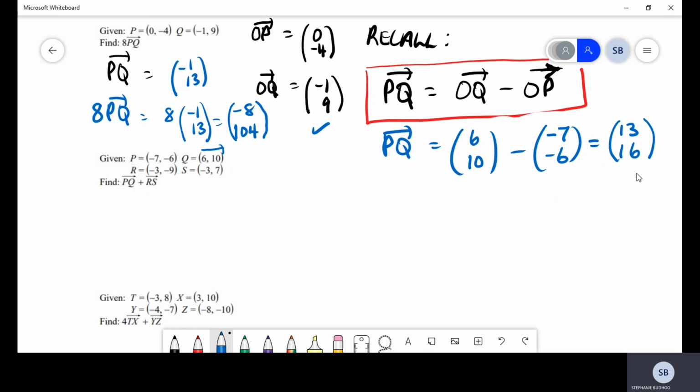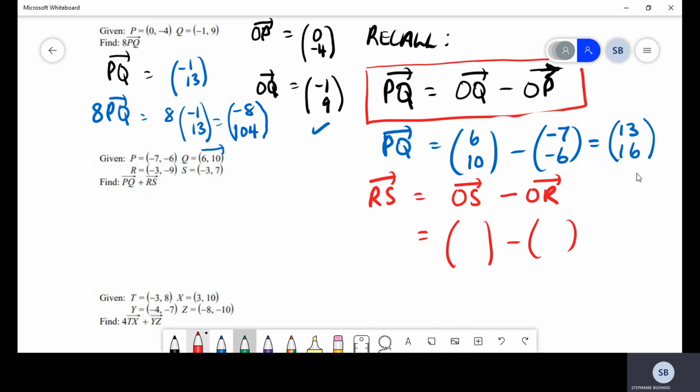Seems to be getting way easy, isn't it? Now we're going to work out RS. Before we work out RS, we need to use a vector rule that splits this up, because we do not have values from R to S directly. So we use our vector rule, and that splits up into OS subtract OR. Now we substitute our values.